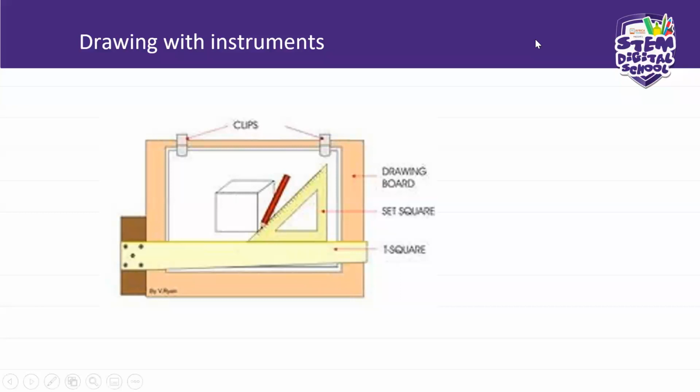What do you call it? We call it the 45 degrees set square. Why do we use the 45 degrees set square in oblique drawing? The angle between this vertical line and this diagonal line must be 45 degrees. That's why we use this set square. And what do we call this instrument?